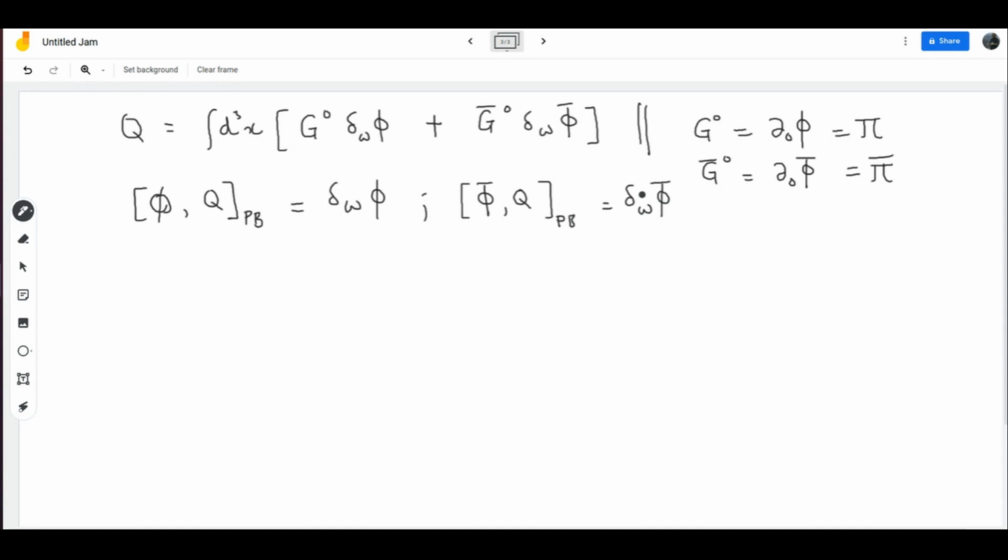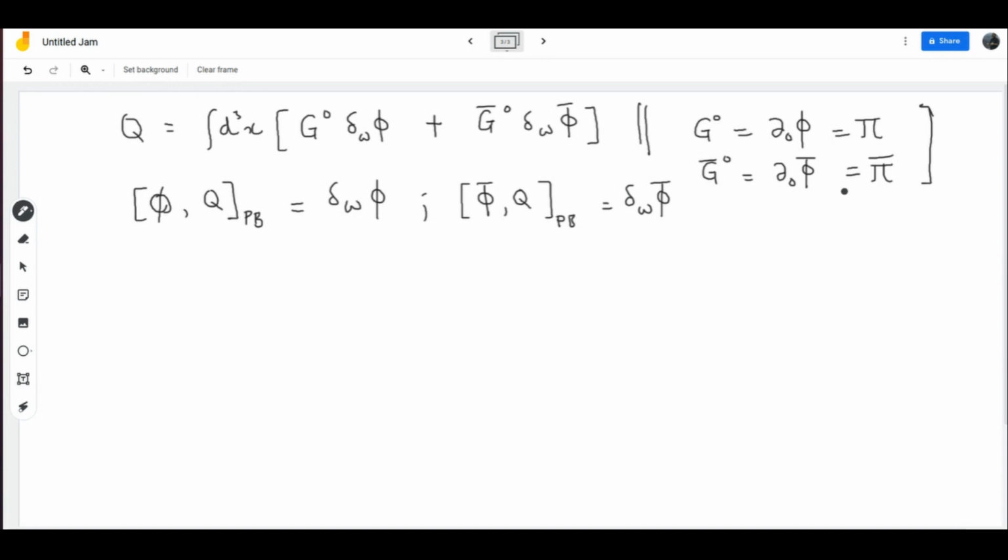So it's automatic. The generator expressed in this form, using the equations of motion, which we have to anyway, means G^0 and G^0 bar are simply given by these relations. They're related to pi.